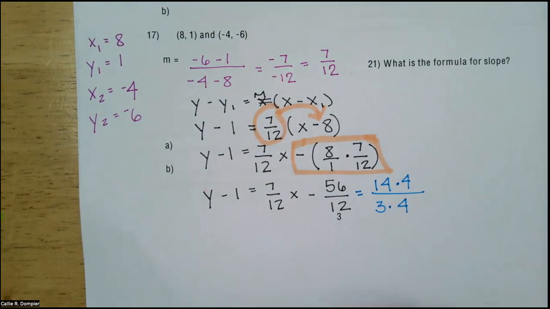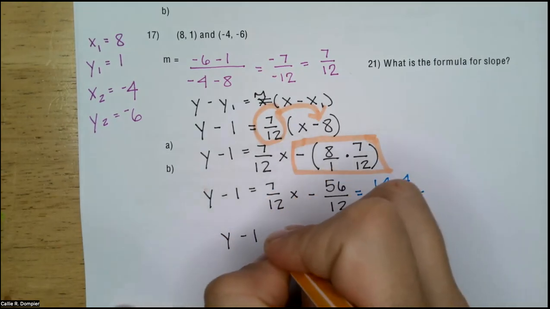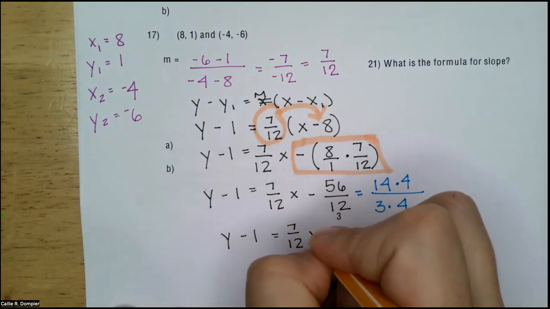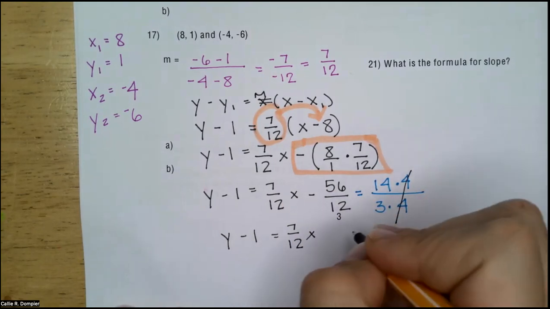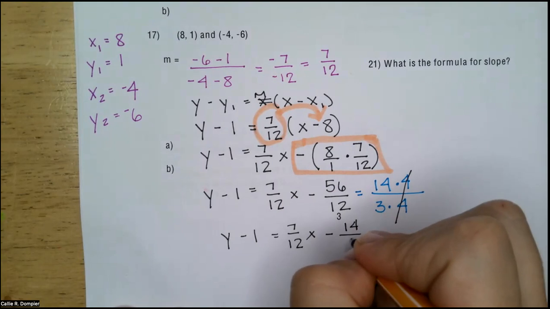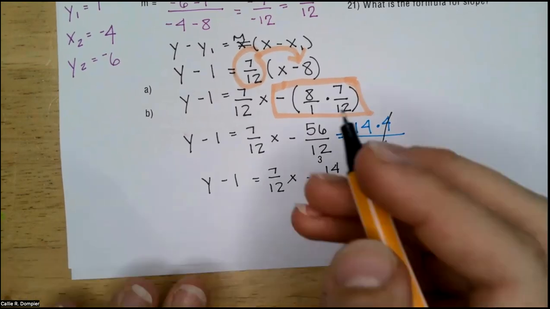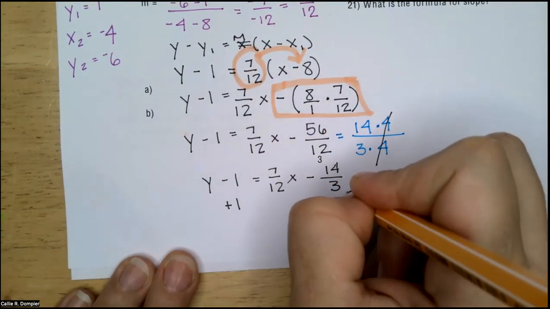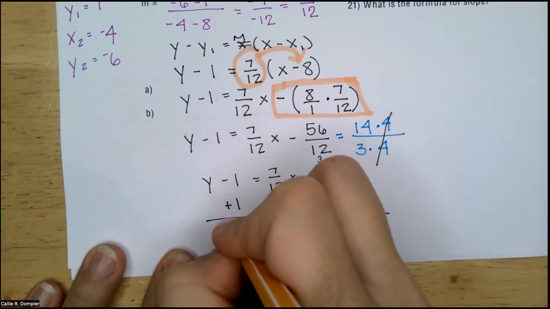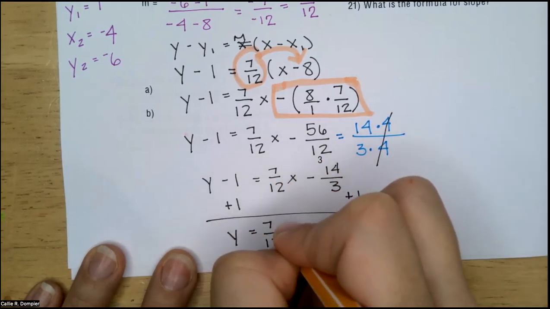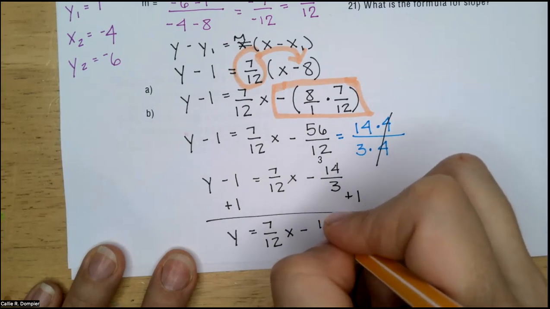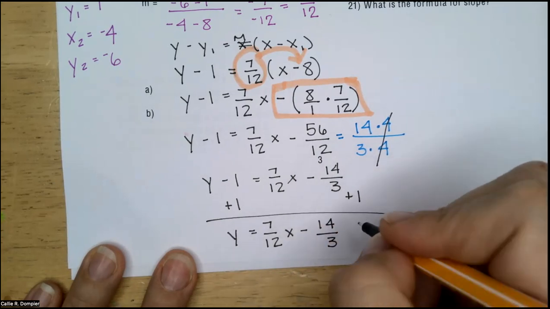All right, so if we're just simplifying that fraction, we can change it to minus 14 thirds. Okay. Now we need to add 1 to a negative 14 thirds. y equals 7/12 x minus 14 thirds plus 1.